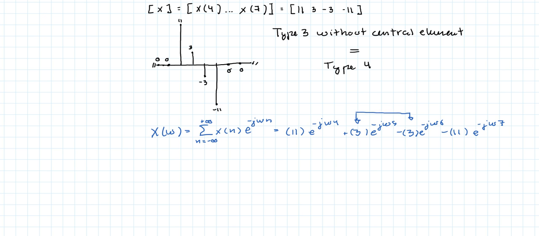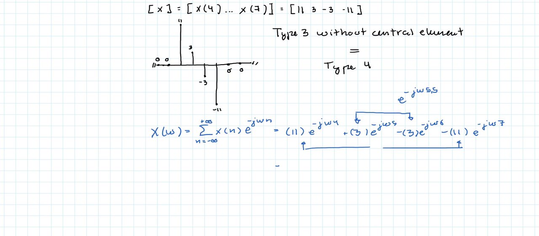We are going to factor a central element that will be e to the minus jω5.5, because it's what would be between the two of them. It's between e to the minus jω5 and e to the minus jω6. So let's keep these together.